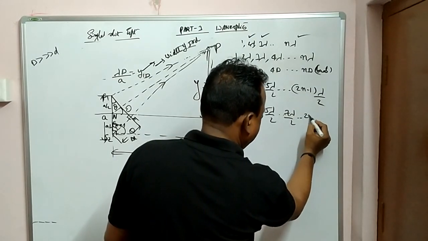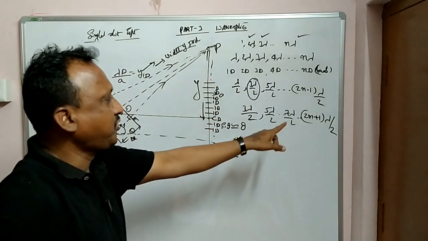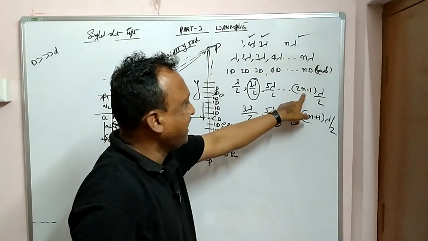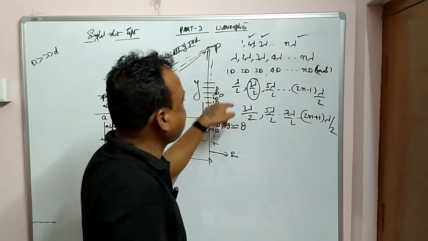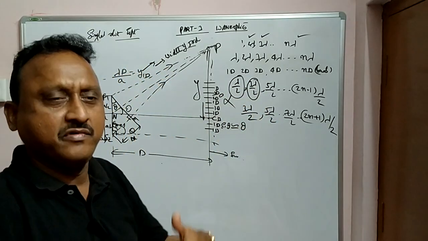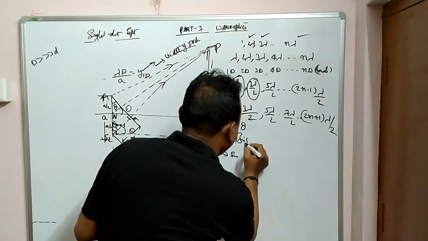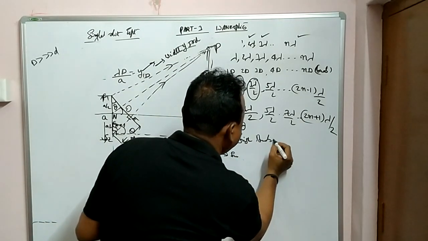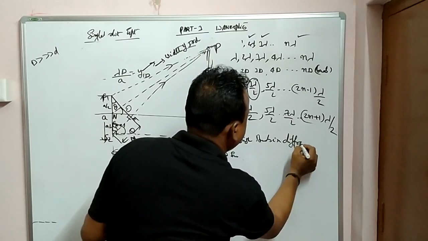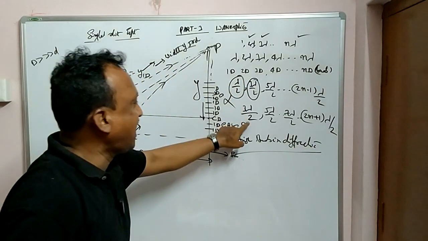Here what happens? (2n+1) into λ/2. Because if you put 1 in (2n-1), λ/2 comes, but that doesn't come in diffraction, because now we are explaining bright bands in diffraction. So it is slightly different. If you start from here, it won't work; you have to start from here.